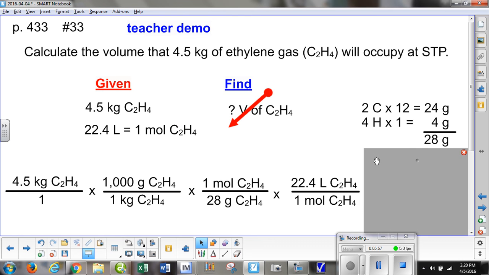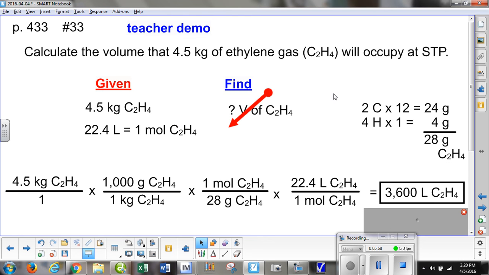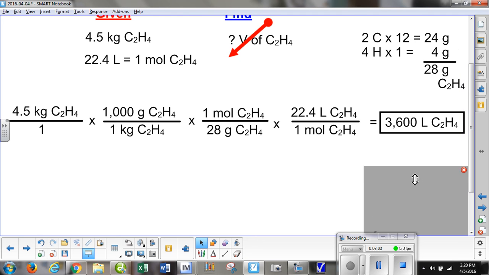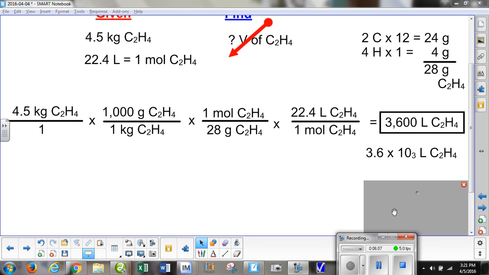And that gets us to the final answer of 3,600 liters of ethylene. This could also be written, alternatively, in scientific notation as 3.6 times 10 cubed. And there we are with that corrected.